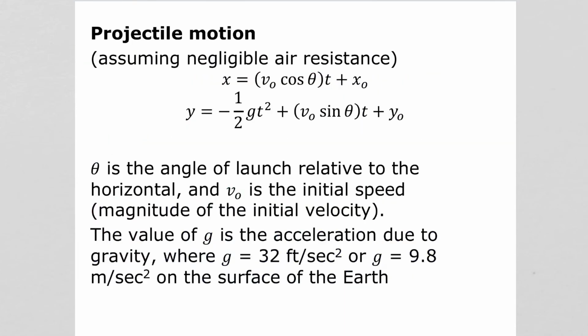Then example 7, let's go back and look at projectile motion. So we're going to be talking about parabolas here, like a rocket or something being shot up in the air.